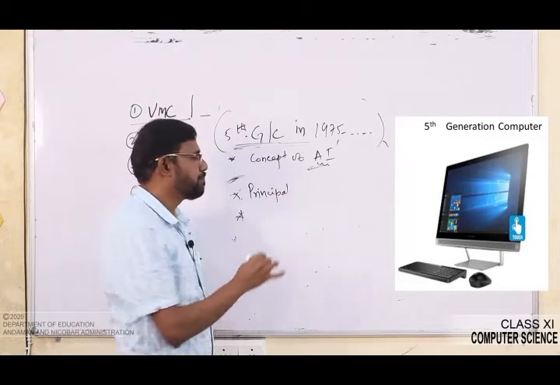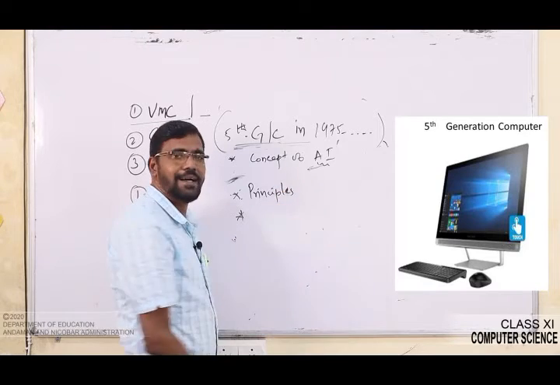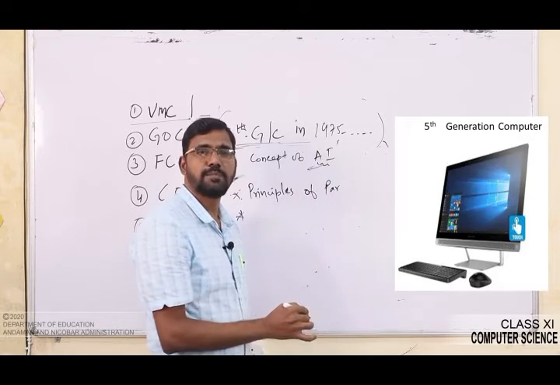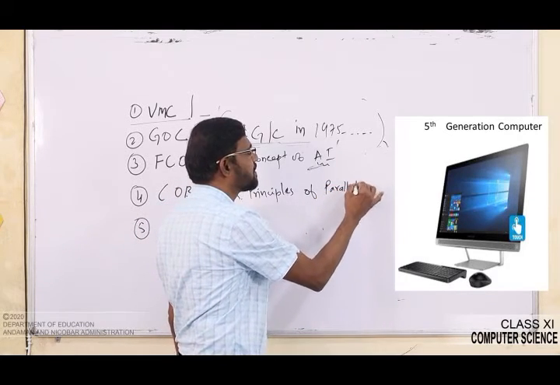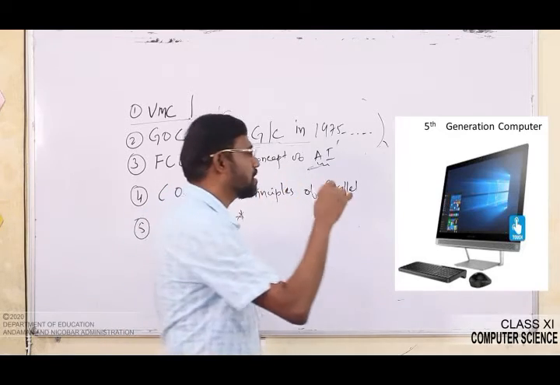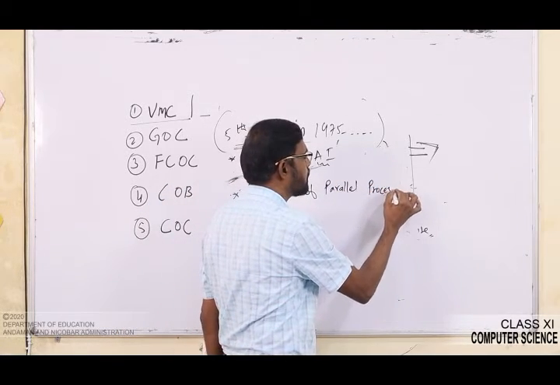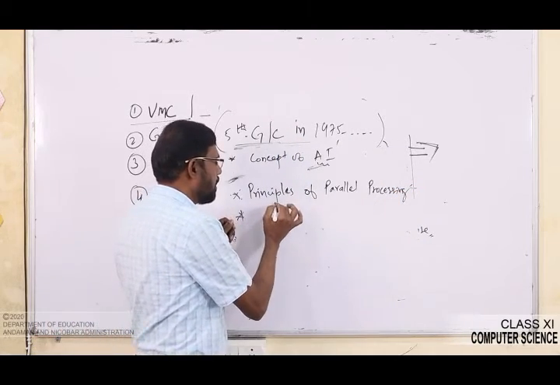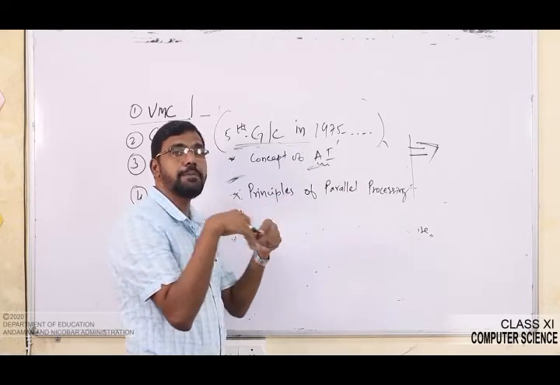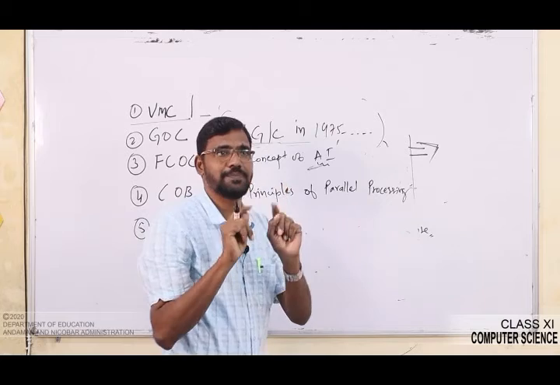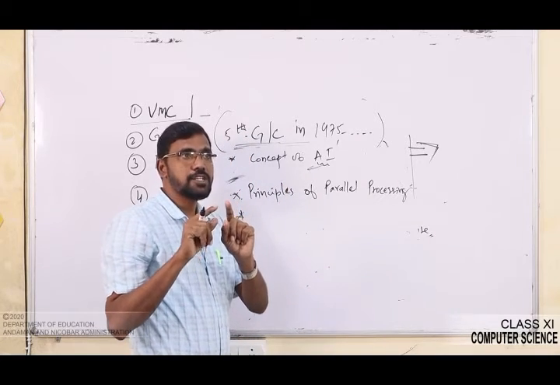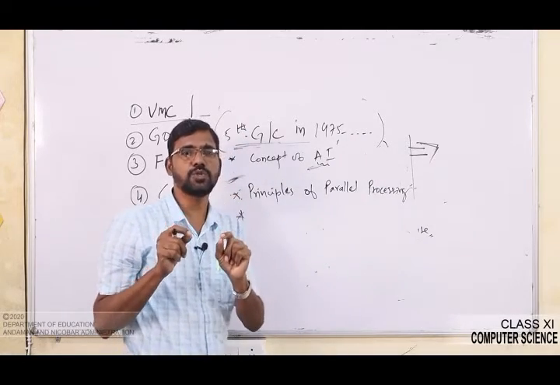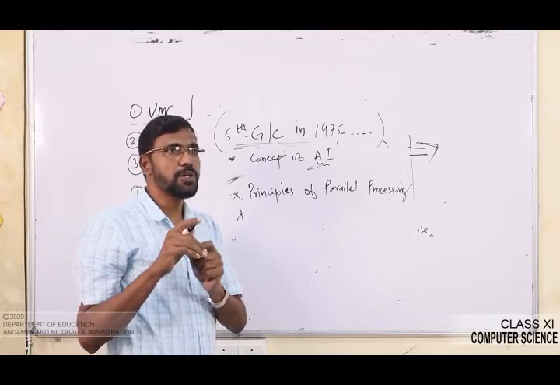Here the principle, remember the word, is parallel processing. Parallel processing means many processors are grouped together, and together with superconductivity they are being used to develop devices that respond to human language.